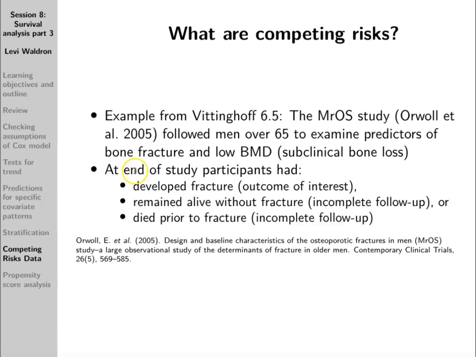And at the end of the study, participants had either developed a fracture, and this was the outcome or the event of interest, or they remained alive without a fracture, which is one form of censoring or incomplete follow-up, or they died prior to a fracture, which is another form of incomplete follow-up.